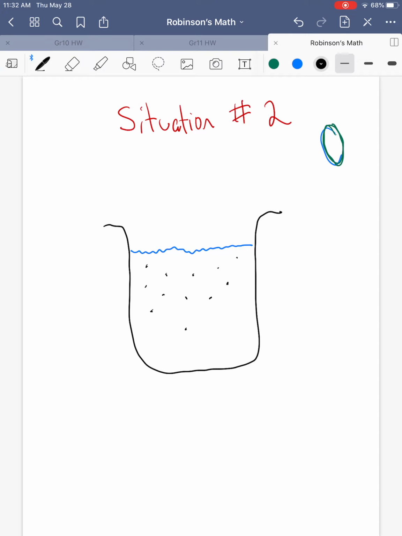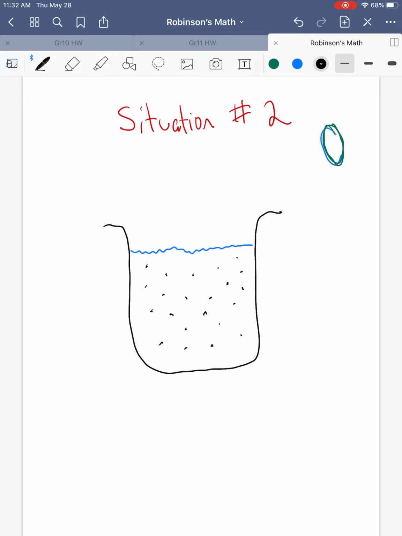And just a little bit of trivia, salt water is actually a different substance than fresh water. It's completely different. So it's not the same thing at all. Salt water is different from fresh water. And so we're going to pour a significant amount of salt into the fresh water.